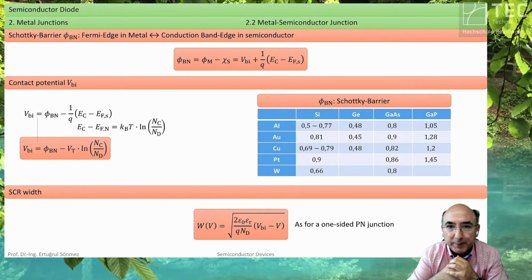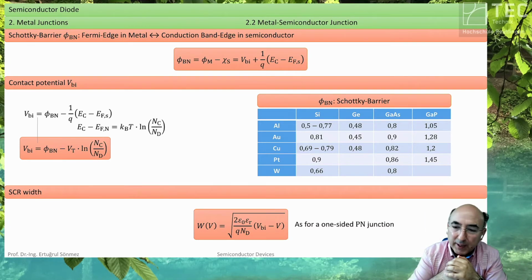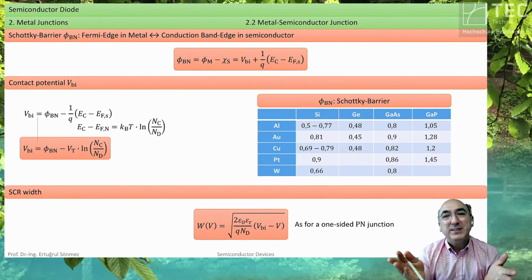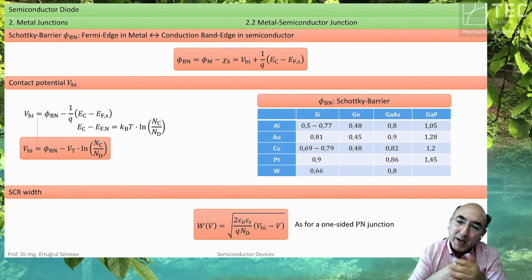Perhaps very simple calculations, and then you can show it to the camera. But the qualitative statements are the most important ones. The quantitative you have on your Excel sheet. You can take a look there. Because if you can say the space charge region depends on the square root of the voltage, then I'm happy.